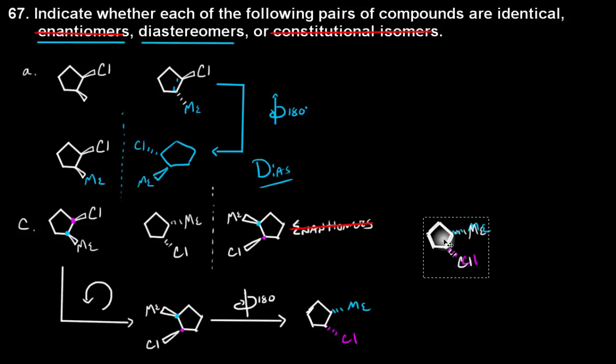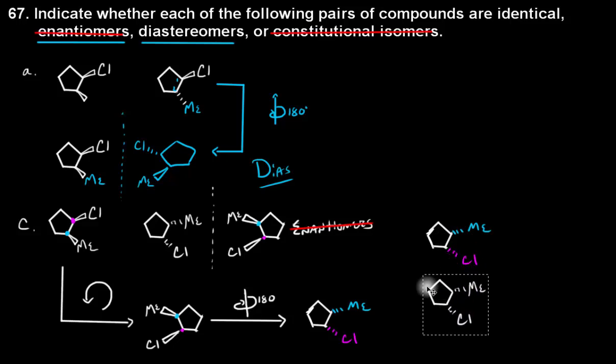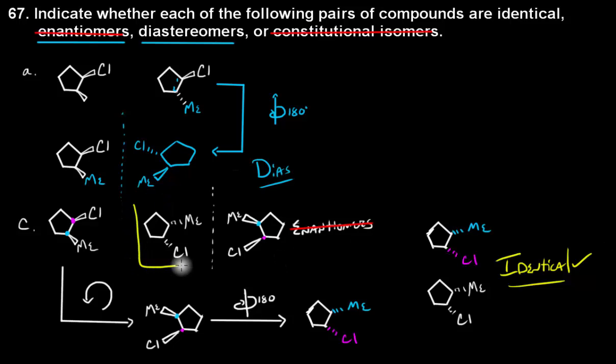The methyl is pointing into the other room for this guy as well as the one below it, and the chlorine is also pointing into the other room for both molecules. So it looks like we don't have diastereomers, we don't have enantiomers, we don't have constitutional isomers, and in this case we actually have identical molecules. So these guys are identical. Okay, so what we're comparing and contrasting is this molecule right here and this molecule right here.